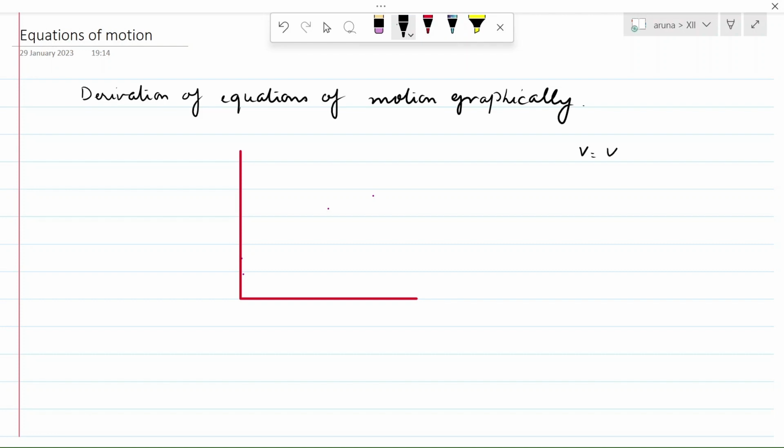A quick recap: v is equal to u plus at, s is equal to ut plus half at square, and v square minus u square is equal to 2as.